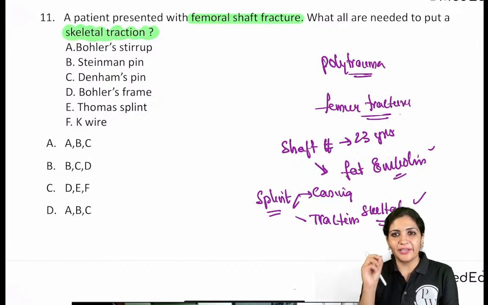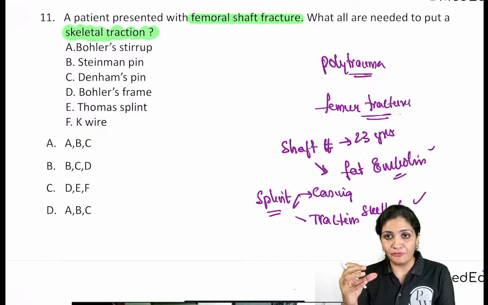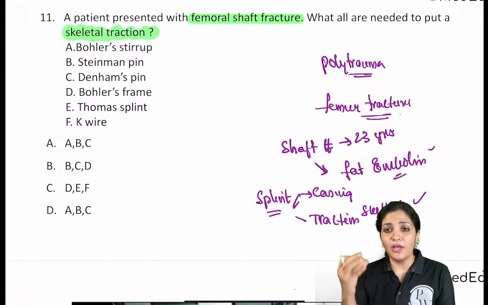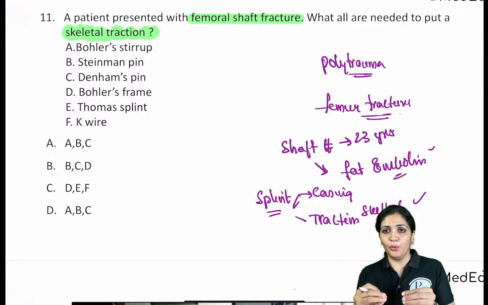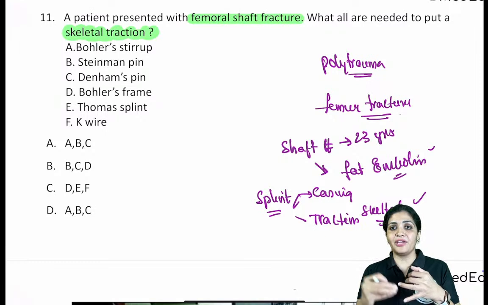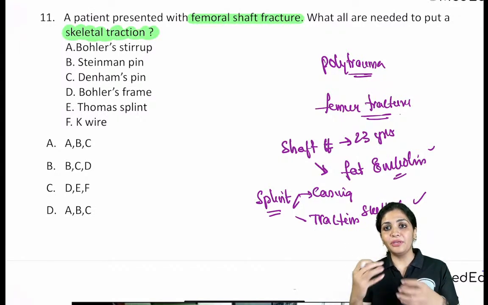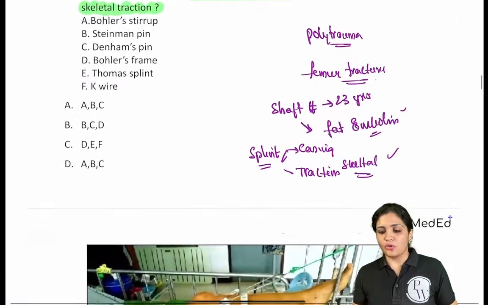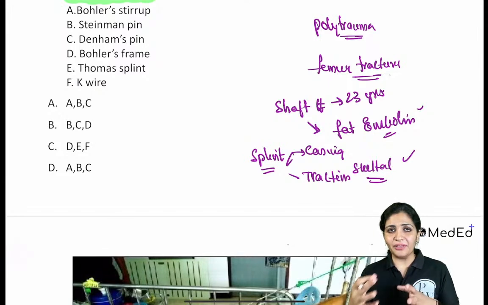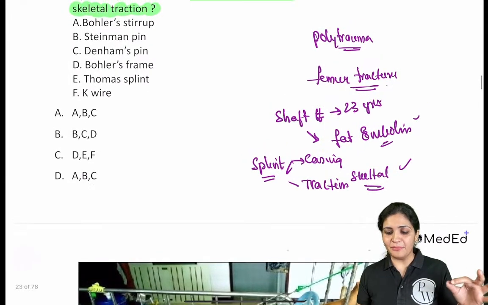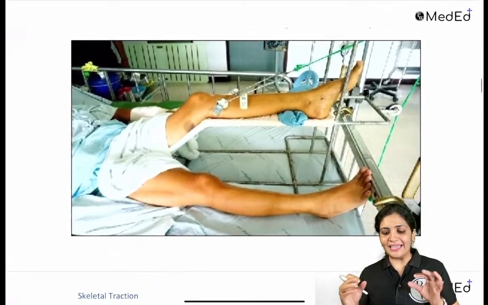Skeletal traction is one particular area where we are giving traction to the femur just to get some time, to stabilize that patient, to give a splint-like effect to that bone in case of subtrochanteric fractures, femur fractures, or distal femur fractures, where you need some time for the patient, right? To do all the surgical profile, to make the blood ready, the OT ready, everything. So this amount of time is brought by this particular apparatus, which is called the skeletal traction.